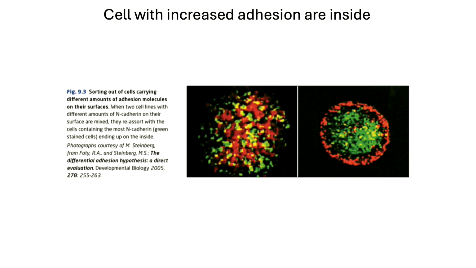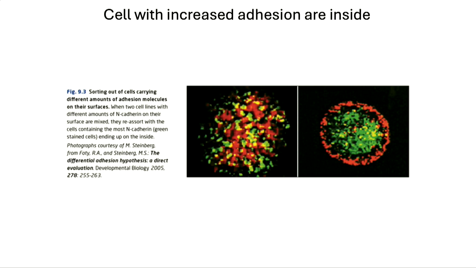What he did was he basically expressed different amounts of cadherin, in this case N-cadherin, in cells, in the same cell, but different levels of cadherin. And what he found was that in those cells where cadherin was higher, the cells ended up being inside. In those cells where cadherin was less, the cells ended up being outside.